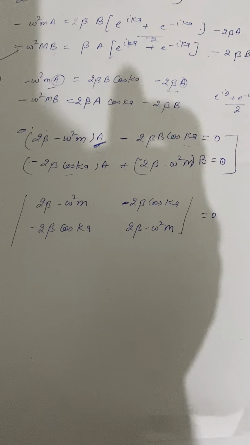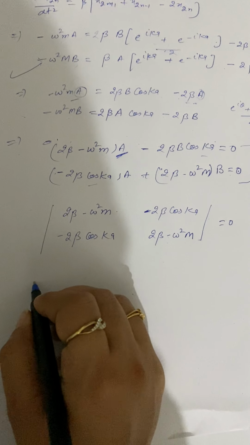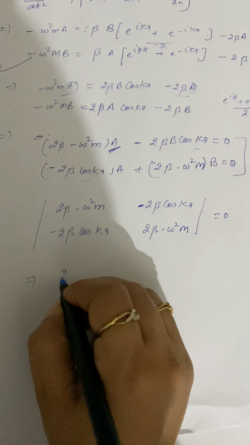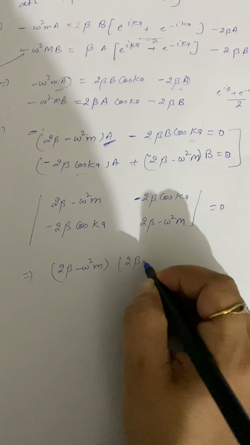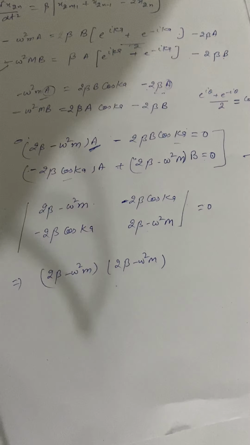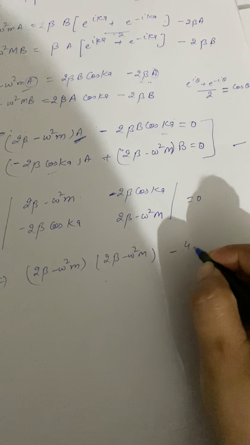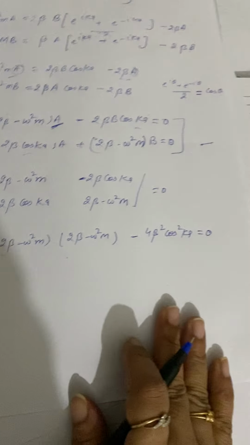So if we take the determinant of this equation equal to 0, then we will have 2 beta minus omega square small m, 2 beta minus omega square capital M, minus minus plus, so it will be minus of 4 beta square cos square ka is equal to 0.